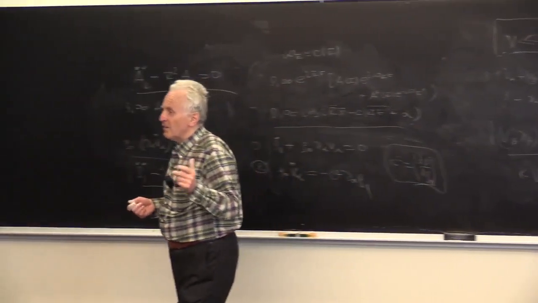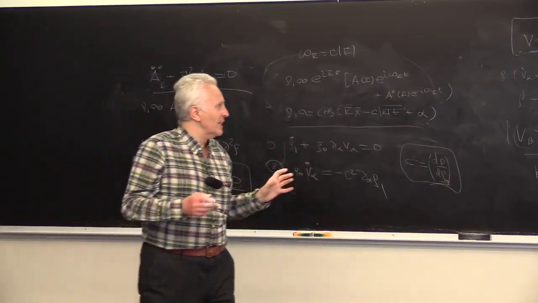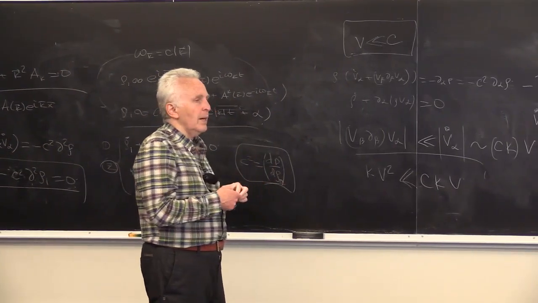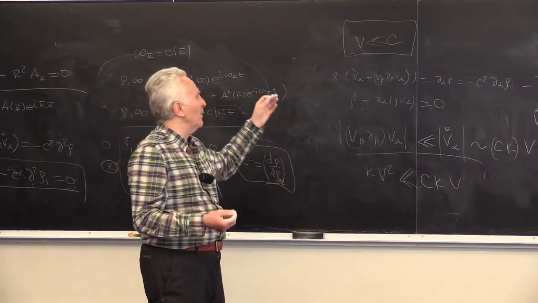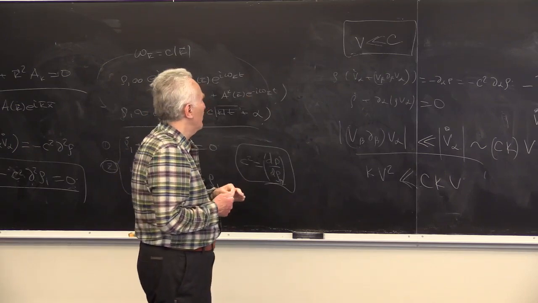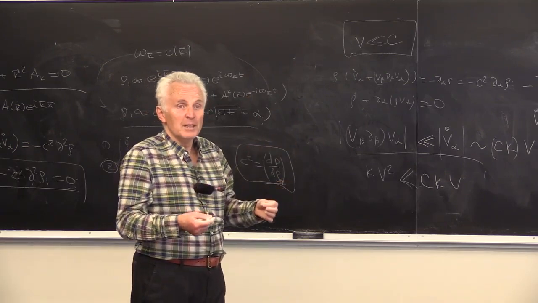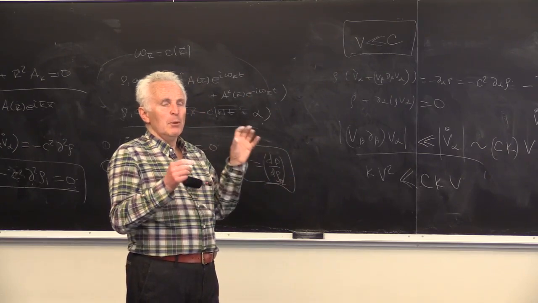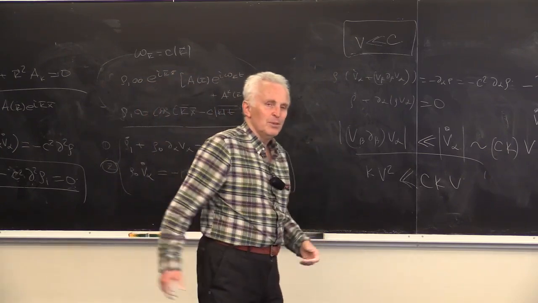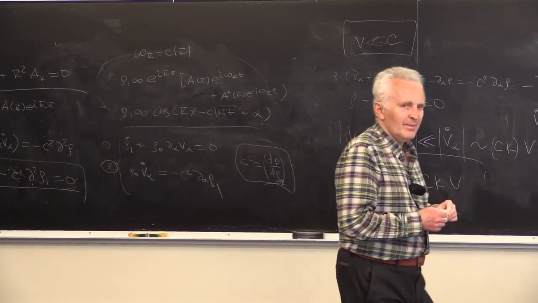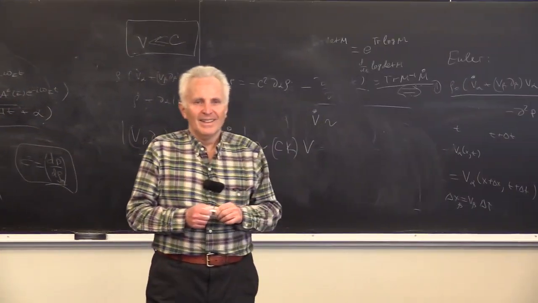By the way, it's kind of interesting that we have a wave in which all fluid particles move with a velocity much smaller than the speed of sound, but the wave moves with the speed of sound. So group velocity and whatever the other one is.